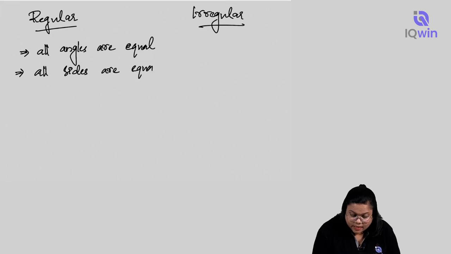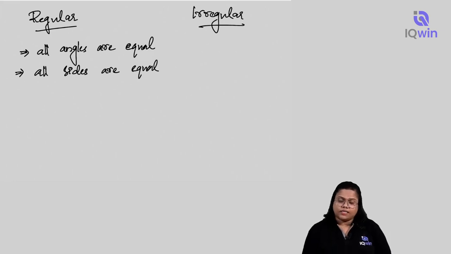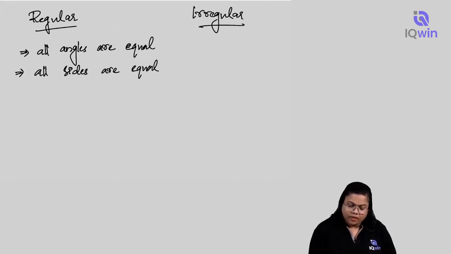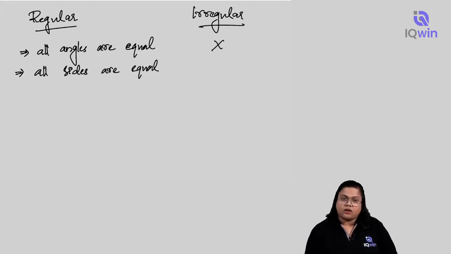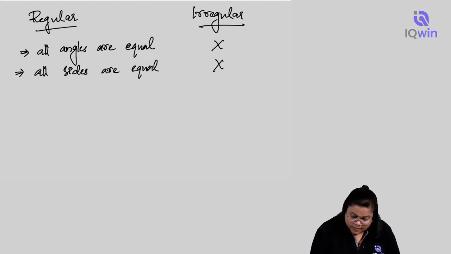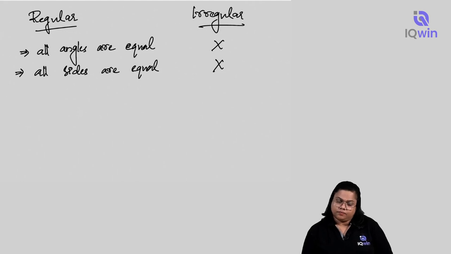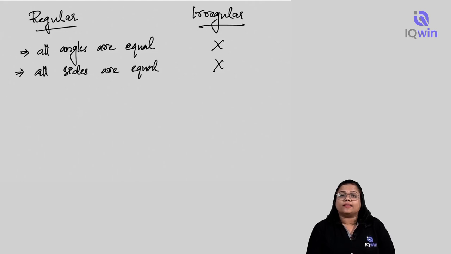In an irregular polygon, all angles are not equal and all sides are not equal. So in a regular polygon, all angles and all sides are equal, and an irregular polygon means the angles and sides are not all equal.